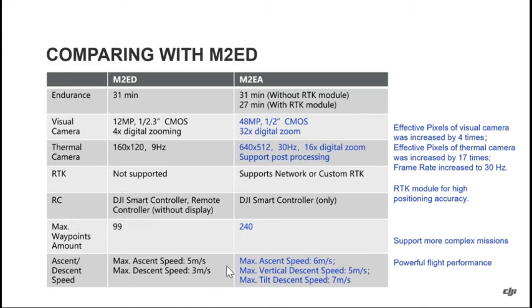We have improved the max ascent speed from 5 meters per second to 6 meters per second. We have improved the descent speed from 3 meters per second to 5 meters per second as the vertical descent speed and 7 meters per second as the tilt descent speed, which means that we have improved in terms of powerful flight performance.